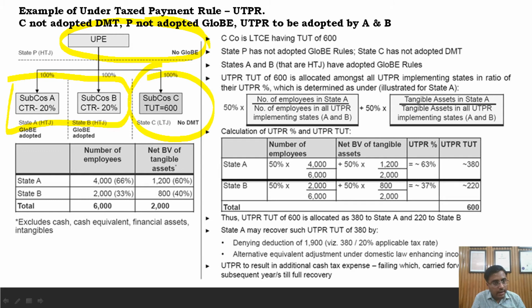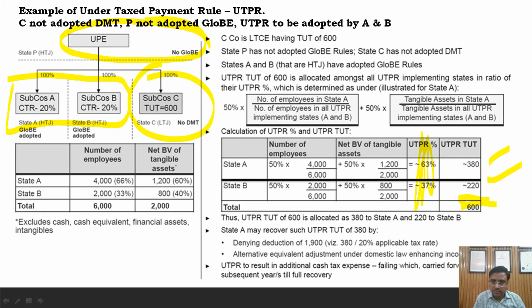There are state A and state B, the total number of employees is 6,000 and the net book value of assets is 2,000. So let us first segregate the 600 top up tax in the ratio of this UTPR ratio. So this is the UTPR top up tax.